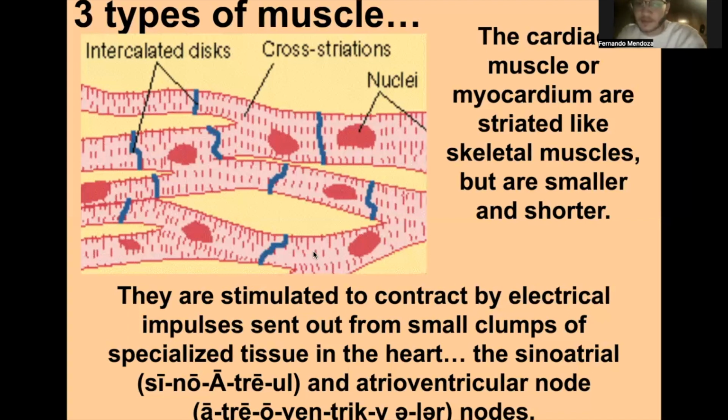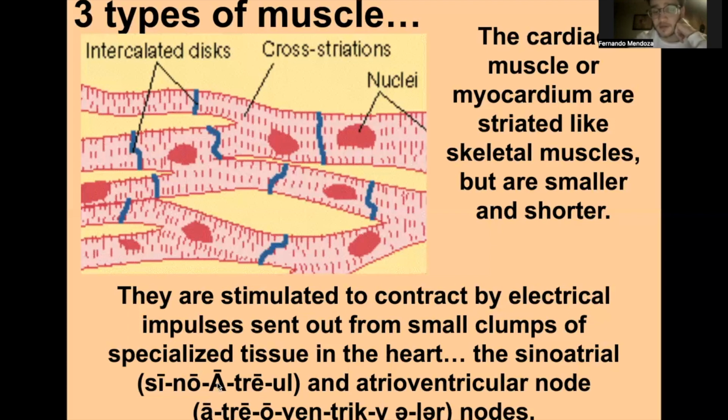But yeah, and they are stimulated to contract by electrical impulses sent from small clumps of specialized tissue in the heart. This activates itself, as with the smooth type of muscle fiber, but it will be provoked by the sinoatrial and the atrioventricular node, and this is the phonetic spelling of how it is pronounced.